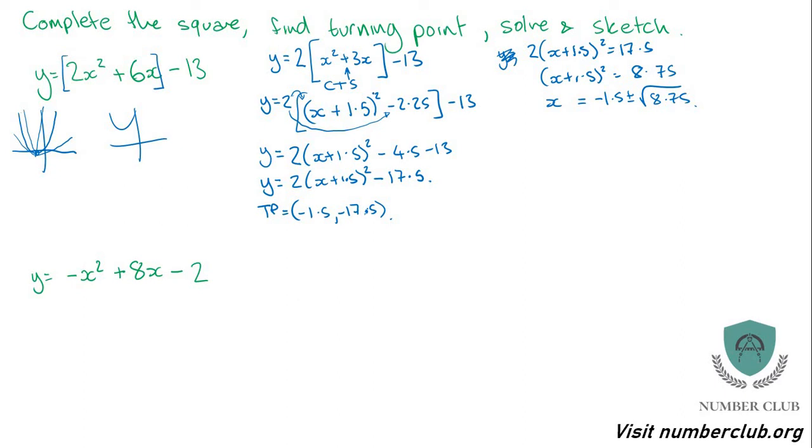Your calculator will give you the nicest version possible of that if you deal with x equals negative 1.5 plus root of 8.75. Okay, so chuck that into your calculator. You'll get negative 1.5 plus root of 8.75, which comes out as something pretty horrible. We'll give it to 2 decimal places. 1.46.